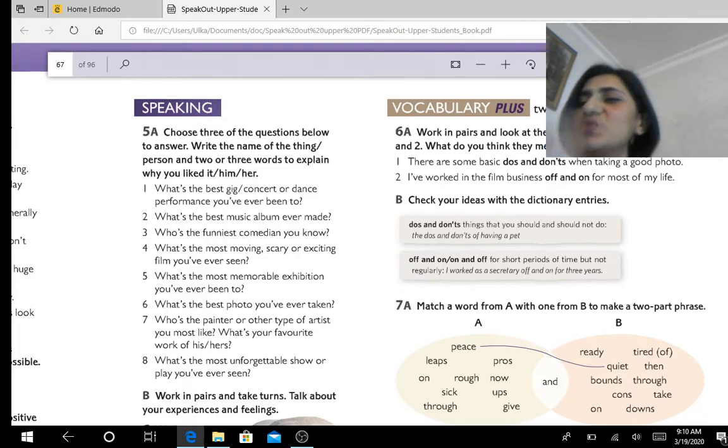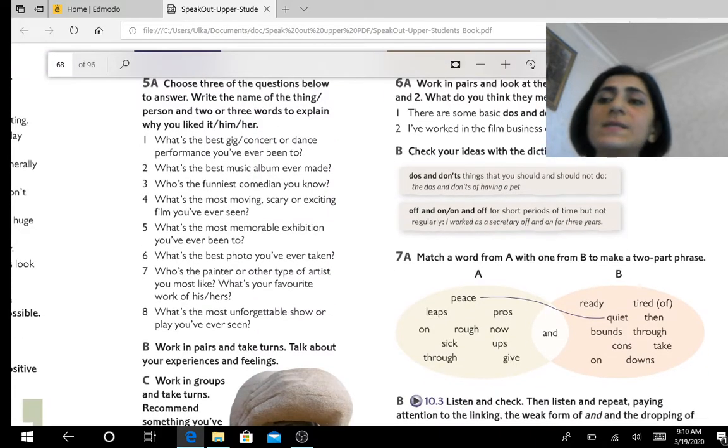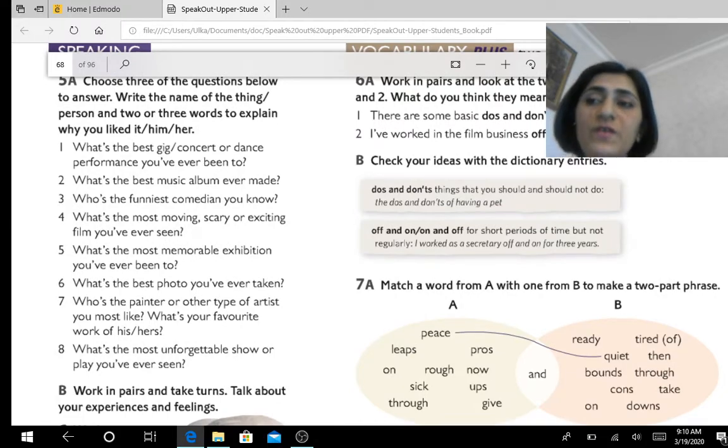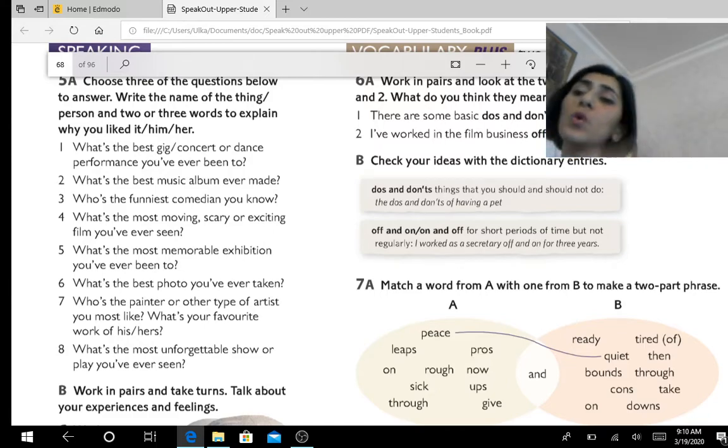He finished doing something, and then some time later, again, he joined. So this is called off and on. And if you pay attention to exercise 6b, you have the full definition of this phrase. Do's and don'ts, things that you should and shouldn't do, or off and on, or you can say it vice versa, on and off, for short periods of time, but not regularly, so with some intervals.